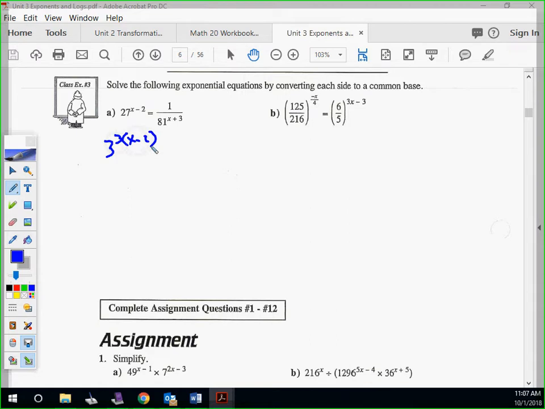I want to make this 3 to the 4th, times x plus 3. So I'm going to go ahead and just do those distributions, and then we'll worry about the issue of this being on the bottom. So this is going to be 3x minus 6. This is going to be 1 over 3 to the 4x plus 12.